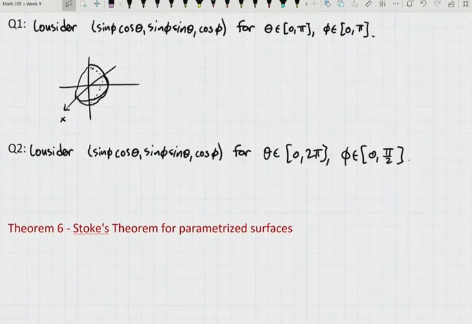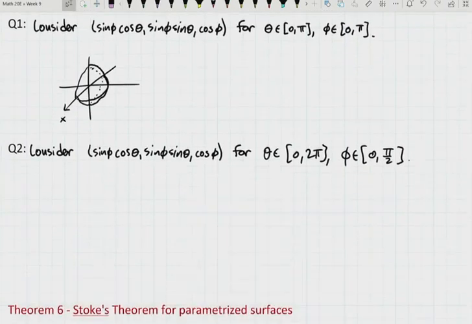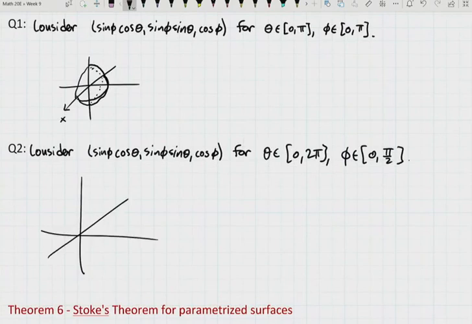On the other hand, the second example, that's just the northern hemisphere of a sphere. So that's all the points up here. Okay, so what should the boundary of those two shapes be?